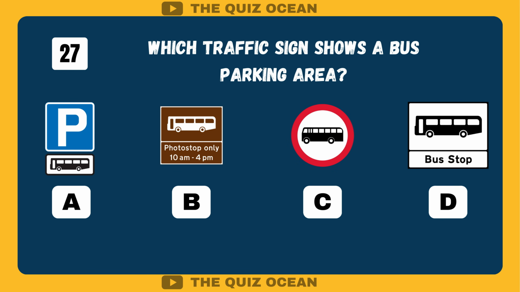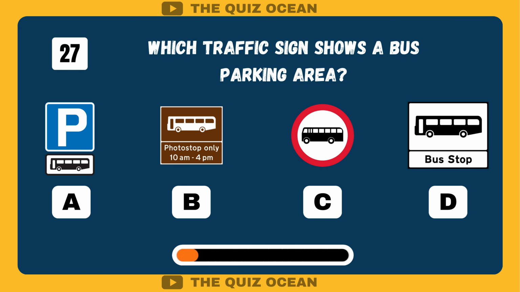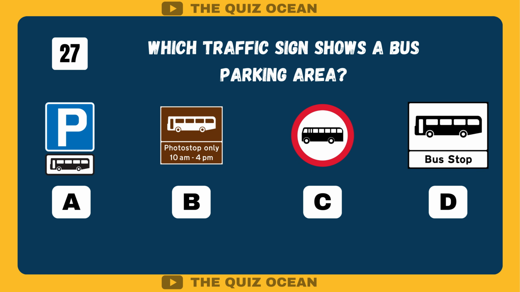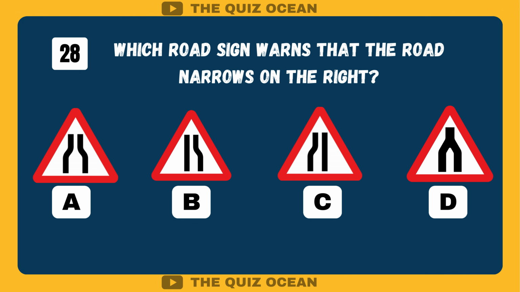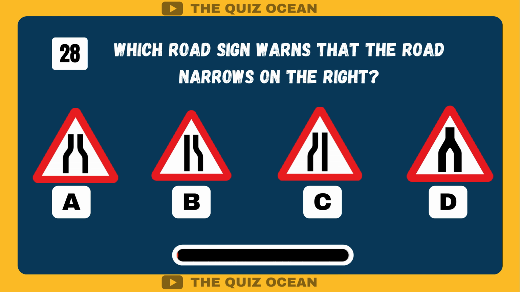Question 27. Which traffic sign shows a bus parking area? The answer is A. Question 28. Which road sign warns that the road narrows on the right?